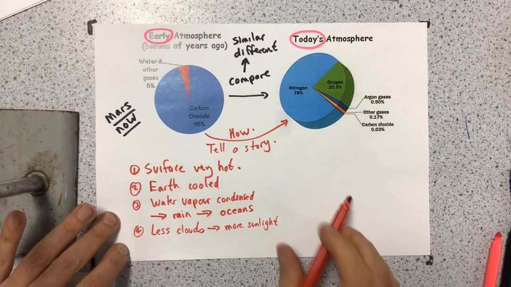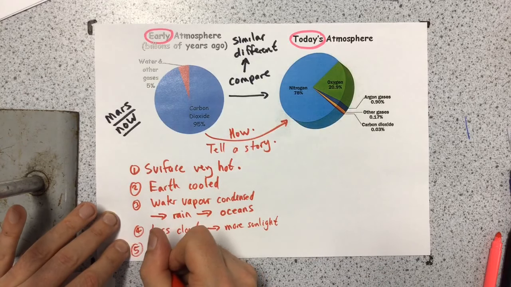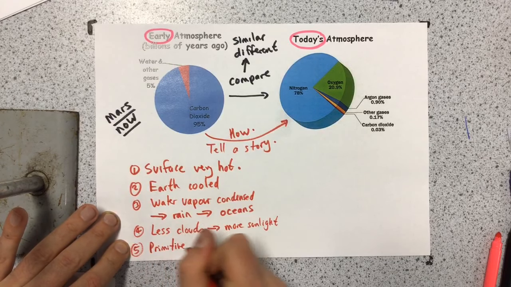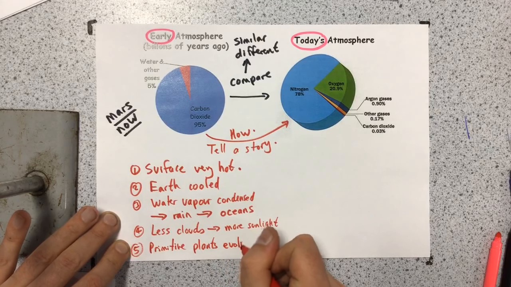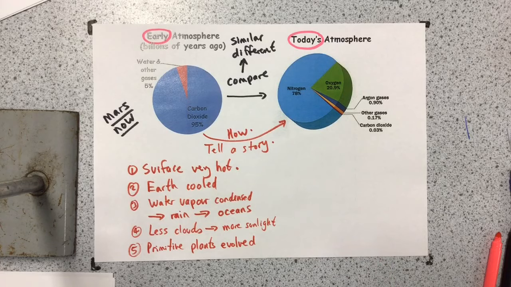Now, because we've got more sunlight, and we've got the oceans, okay, primitive plants evolved. Now, we all know that these primitive plants evolved further into more complex plants.